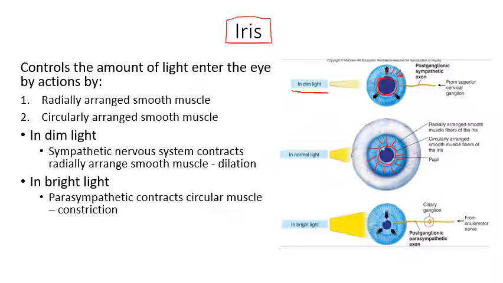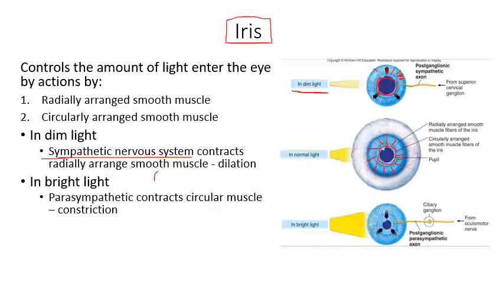So this has to contract, and that circular muscle has to relax. This is controlled by the sympathetic nervous system, the fight or flight. Our next lecture is going to be on this, so just keep this in mind.